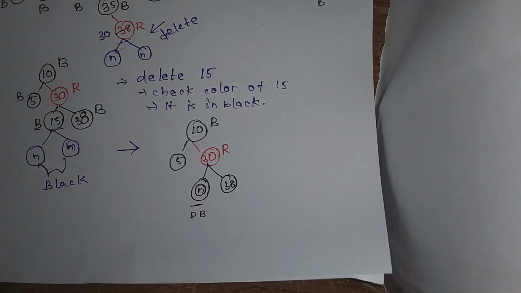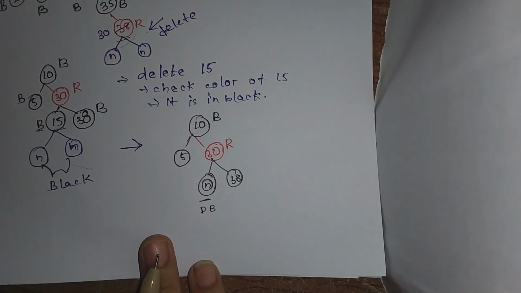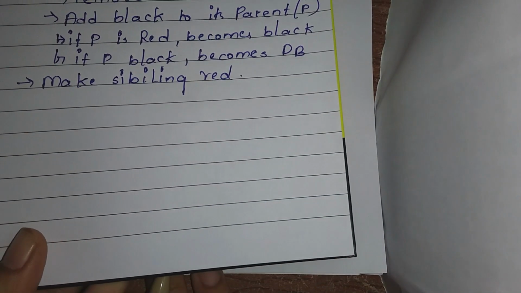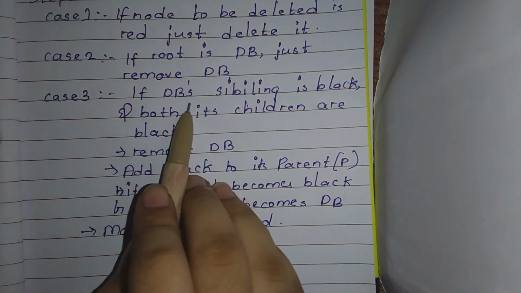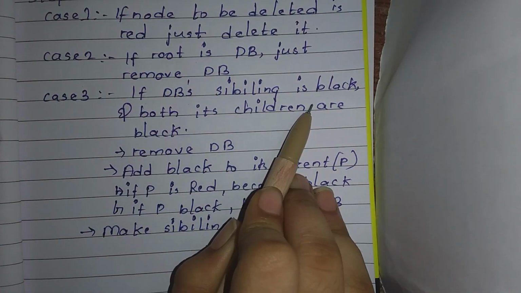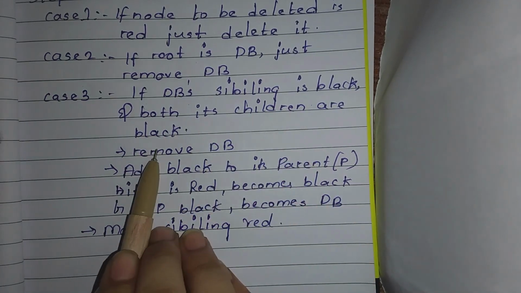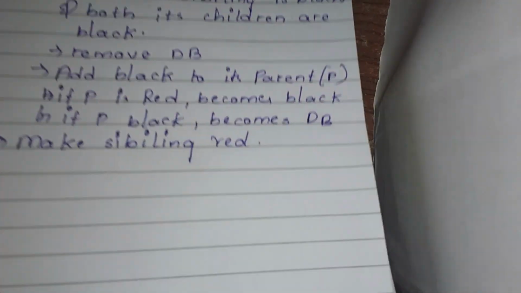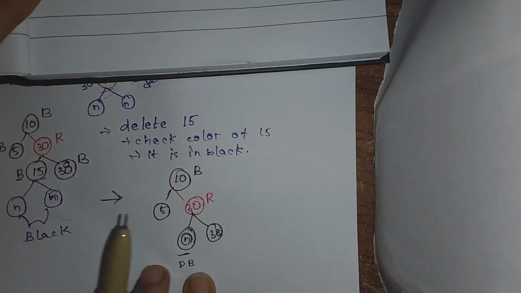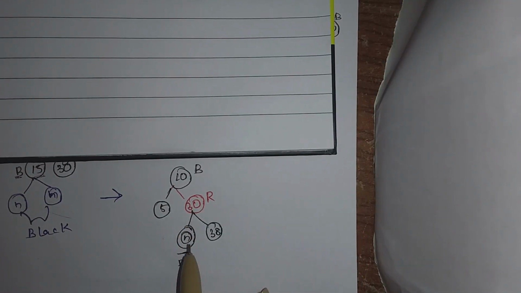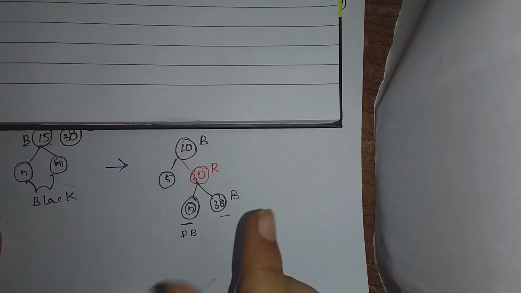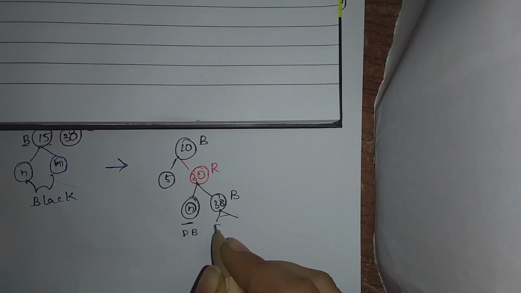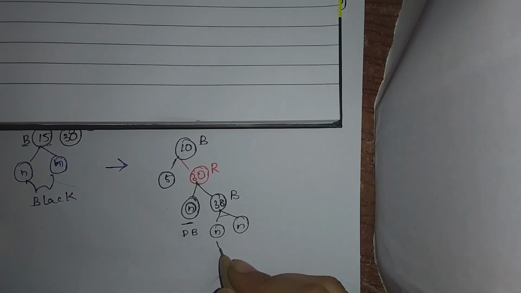So if the double black occurs, what do we need to do? If the double black's sibling is black, we need to check the sibling and both its children are black. So this is the double black and this sibling is 30, which is black in color, and it contains nil children which are black.